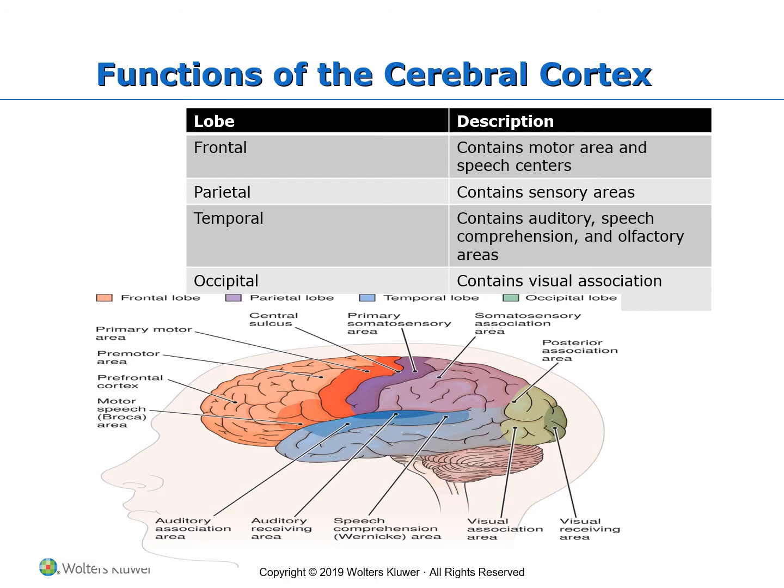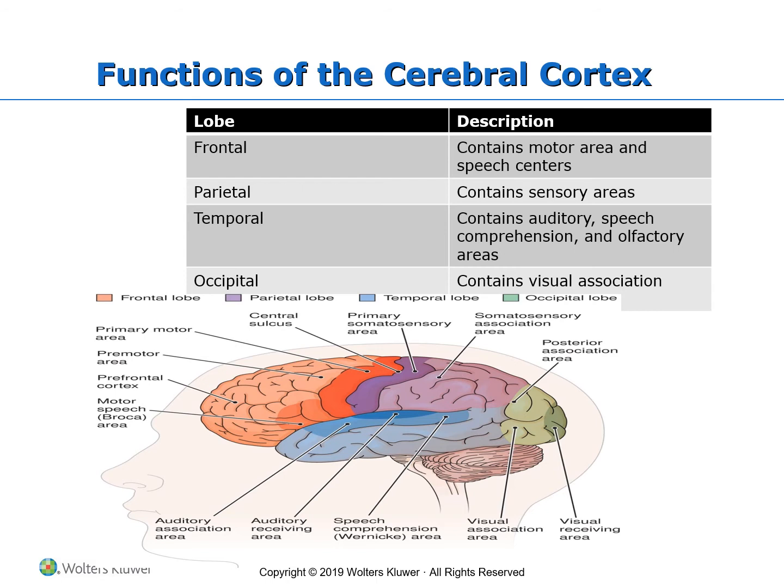The occipital lobe is posterior to both the parietal and the temporal lobe, and it covers the cerebellum. It's presented in green in your image. The main function of the occipital lobe is to receive visual information.